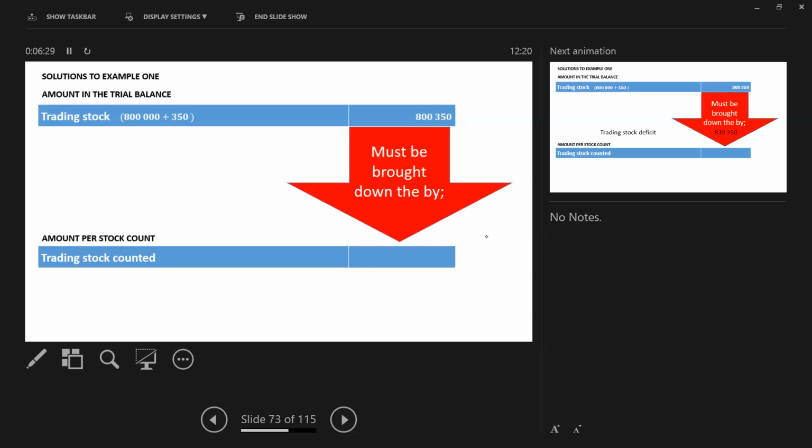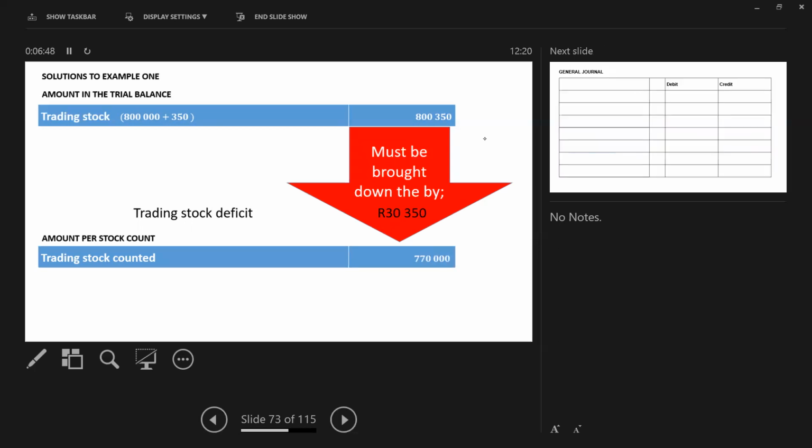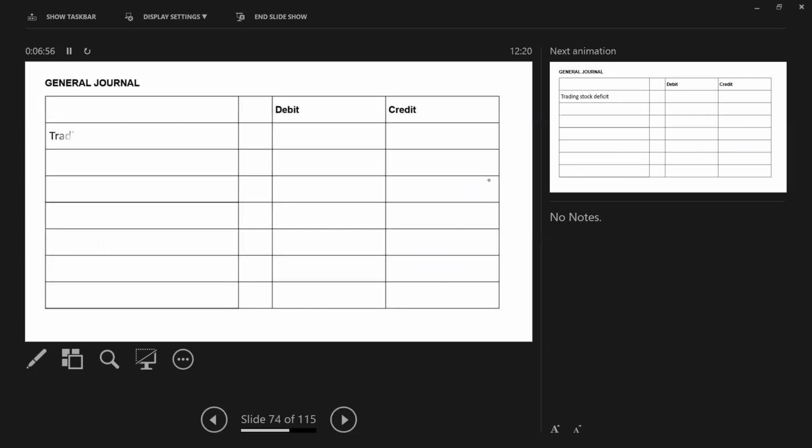So we need now to recognize what we refer to as trading stock deficit. How did I get that 30,350? All I did was to take 800,350 minus the 770,000. To record this in the trial balance, we are going to debit trading stock deficit and credit trading stock.